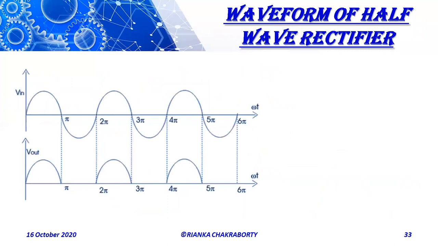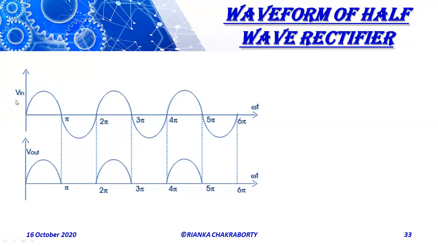So this is the waveform for the half wave rectifier. This is the input voltage, and we get the respective output voltage. We get the output voltage for the positive half cycle and you can see that there is no output for the negative half cycle, that is 0.